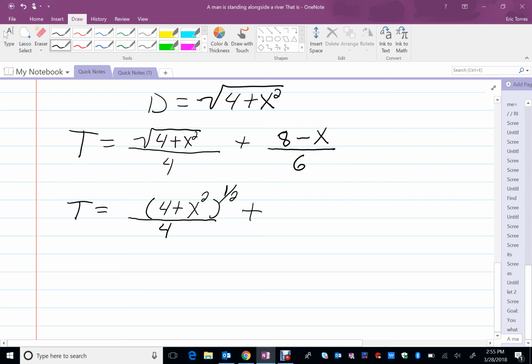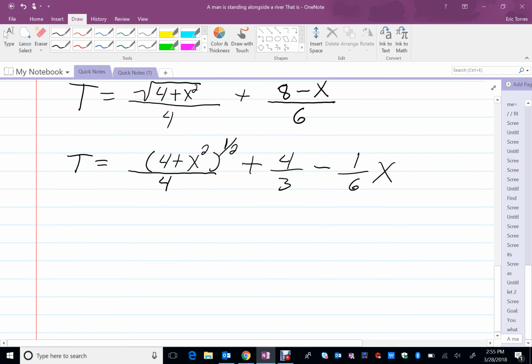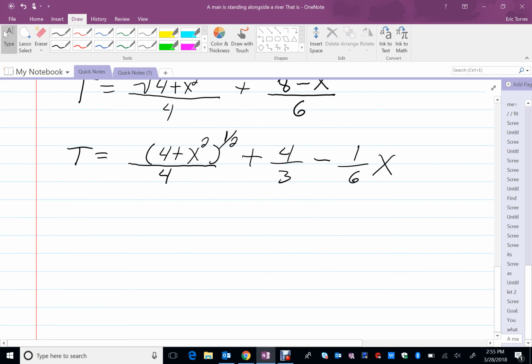8 over 6, I'm going to separate as one fraction, which is the same as 4 over 3, minus 1 over 6x. There's a reason, so I can take the derivative the easiest. So now I'm going to take my derivative of time with respect to x. This is on the outside of a power function, so I'm going to multiply everything by 1/2.